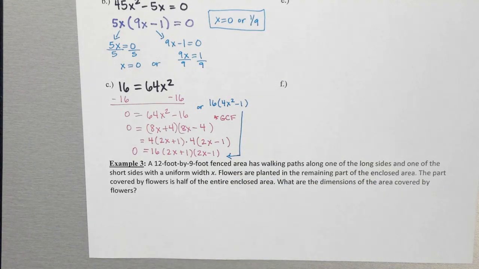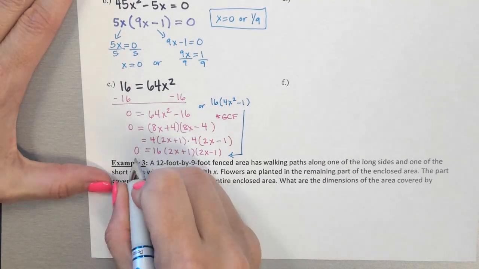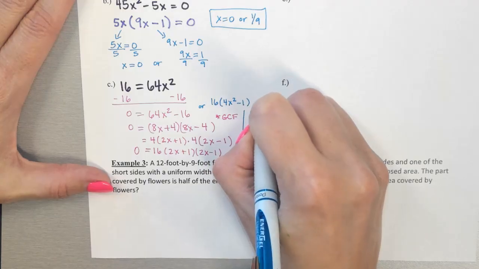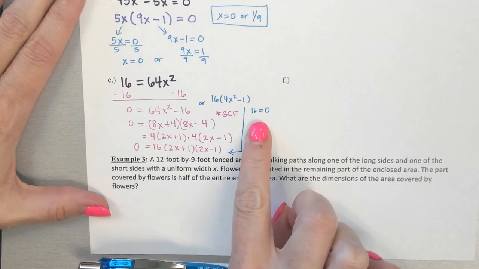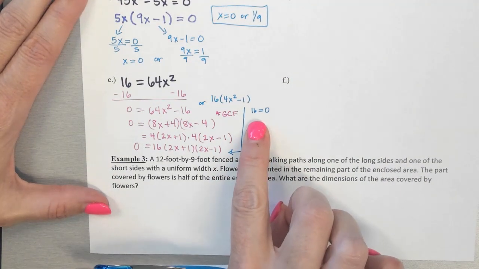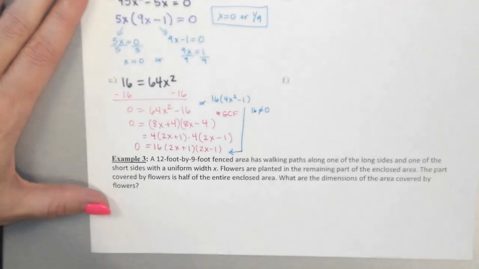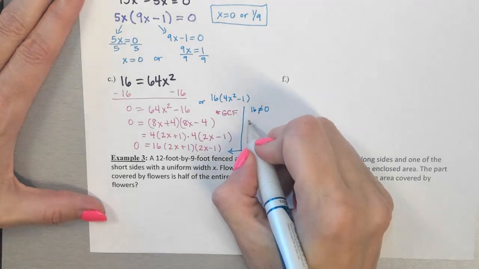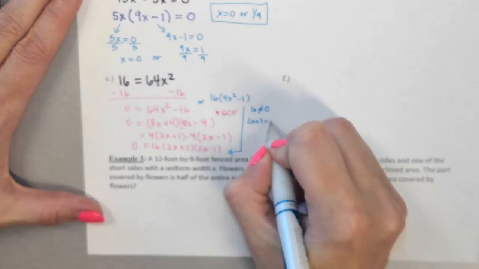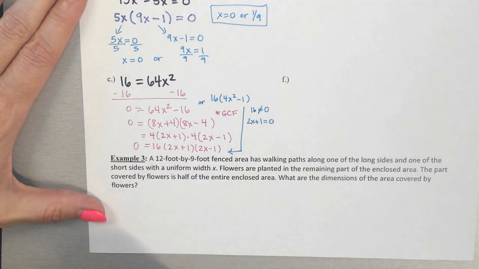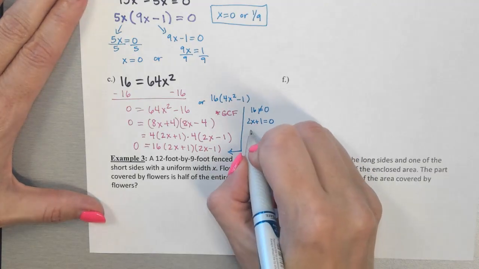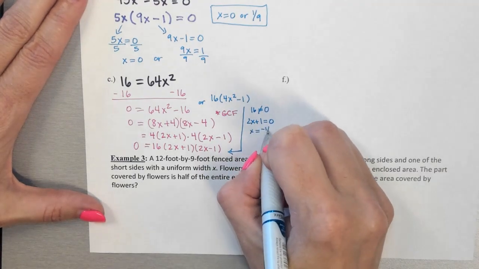All right, and then when you are setting these equal to 0, the first factor, 16 equals 0, is there anything to solve for there? No. So you are not going to get any solution from that. So you just have to worry about the 2x plus 1 equals 0, which is going to give you negative 1/2.